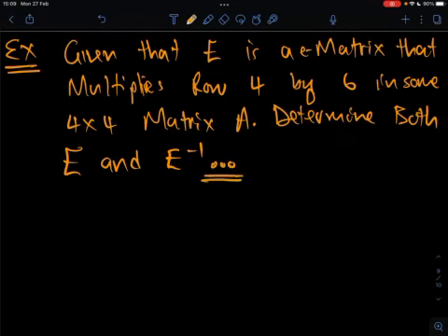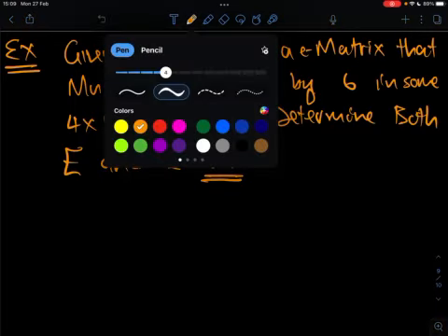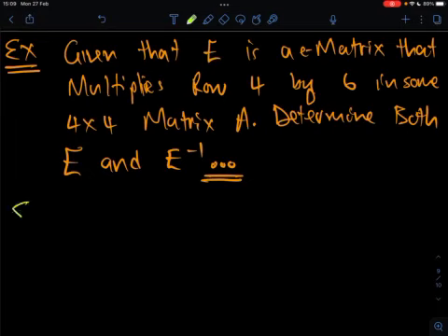So now we have an E, which is an elementary matrix that represents that particular operation. How can you find both E and E inverse? To answer this problem, this is how we proceed now.